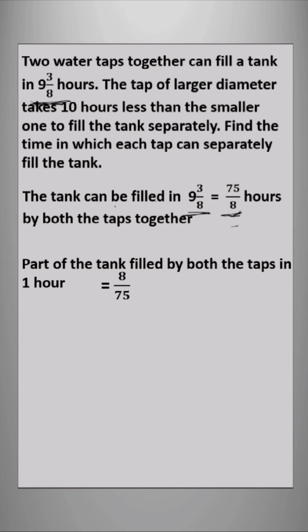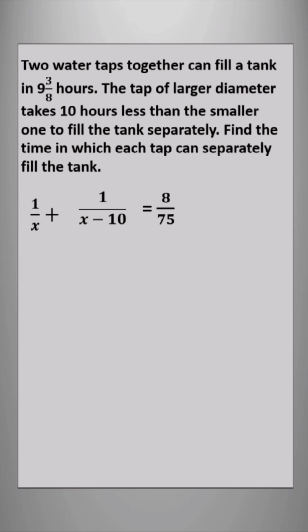In 1 hour, the smaller tap can fill 1 by x portion of the tank. So 1 by x plus the larger tap fills 1 by x minus 10 portion. That is equal to, what is the portion here? 8 by 75. Now let us solve this equation. Here the LCM is x into x minus 10.